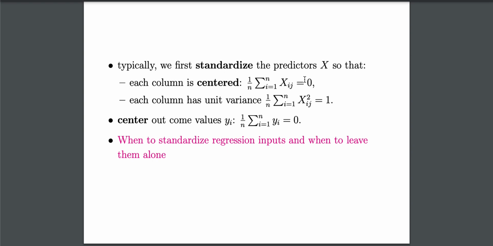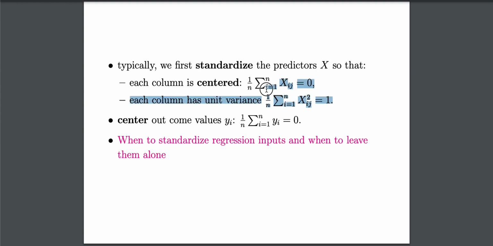One is standardizing the predictors, which means we remove the mean, and then we scale the predictor such that the variance is 1.